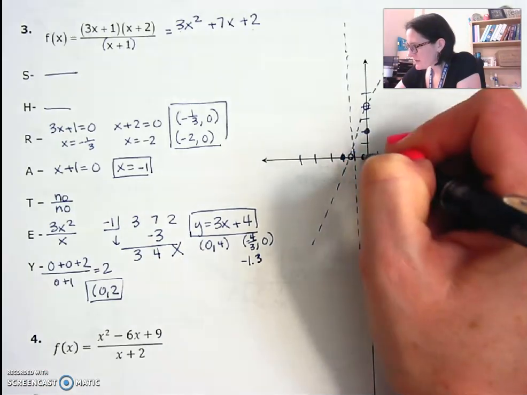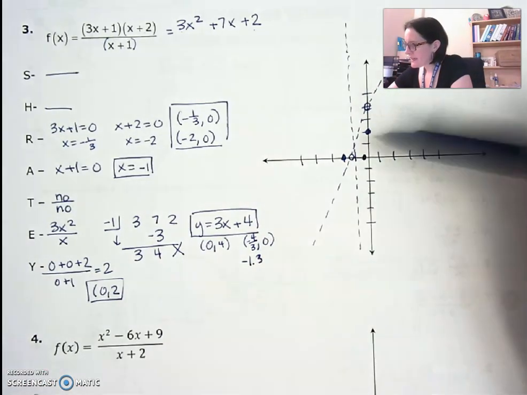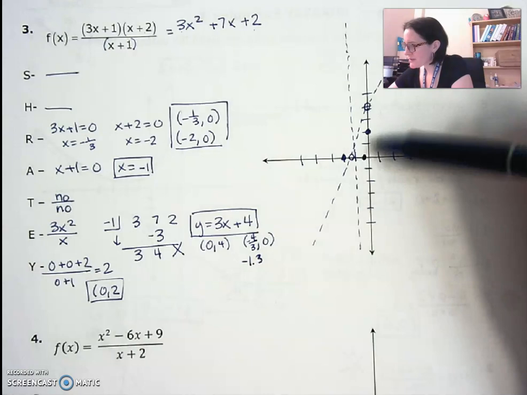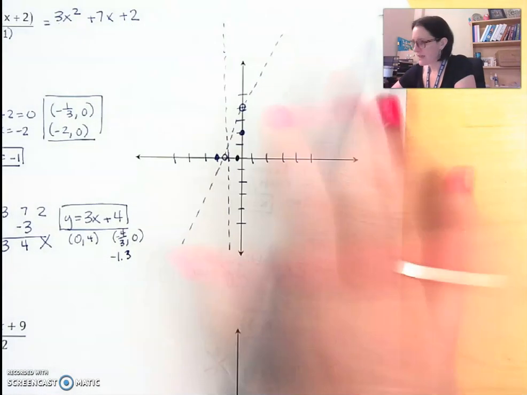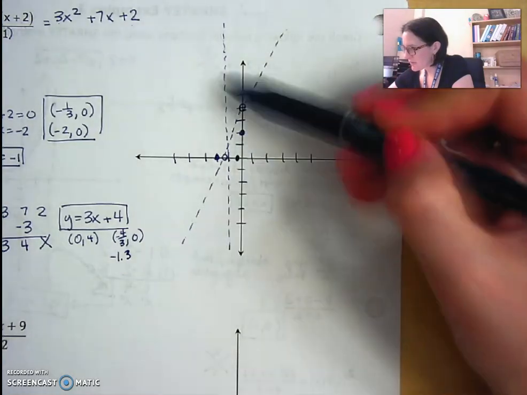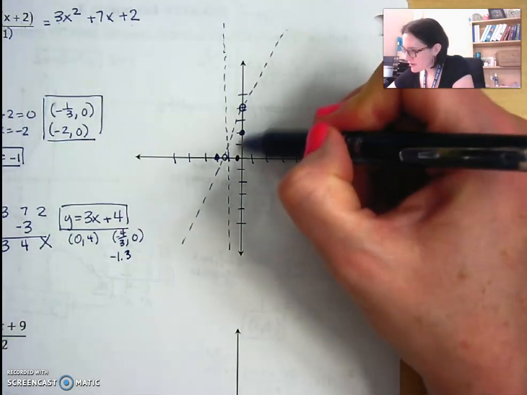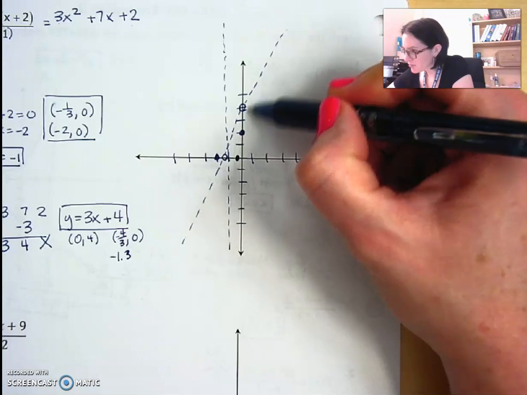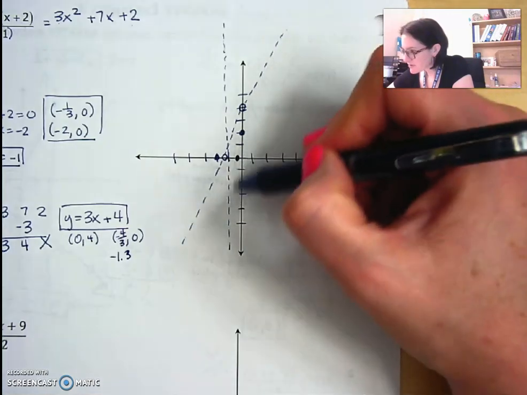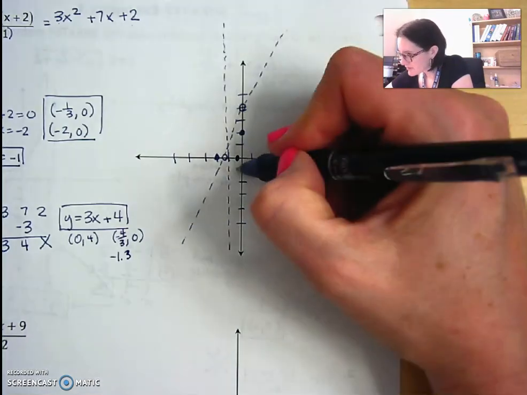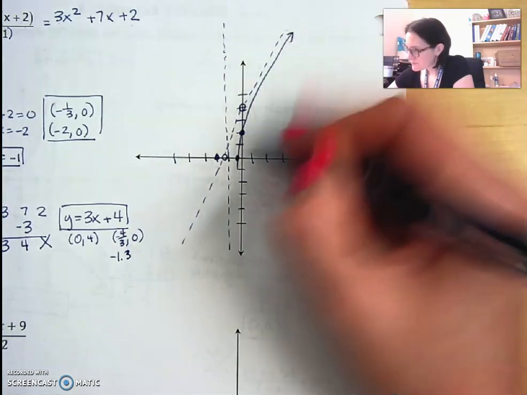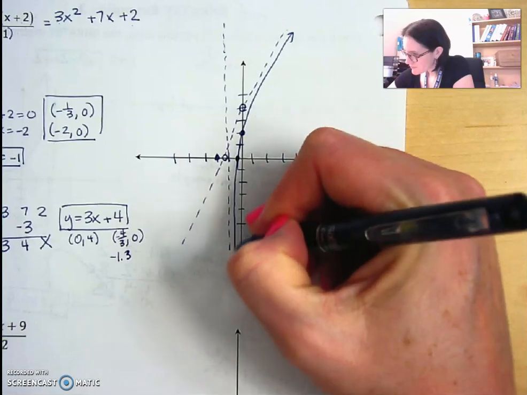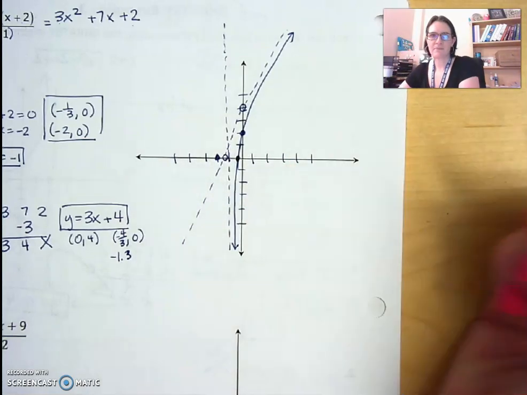All right, now this one's a little bit funky. So I have these 2 points here, and I have my slant asymptote and my vertical. So I know that my curve is going to pass through these points and approach both of the asymptotes. So it's going to be very stretched out, like that.